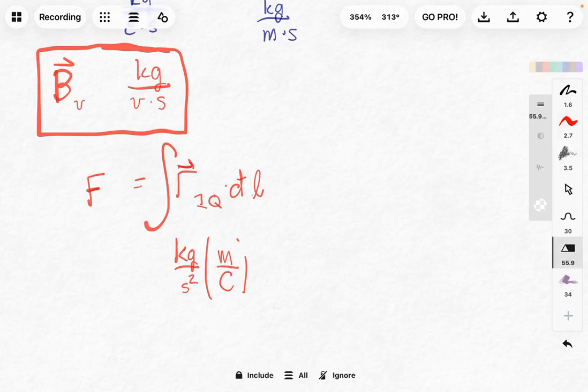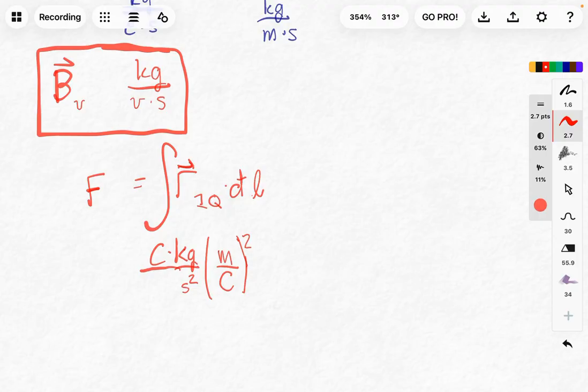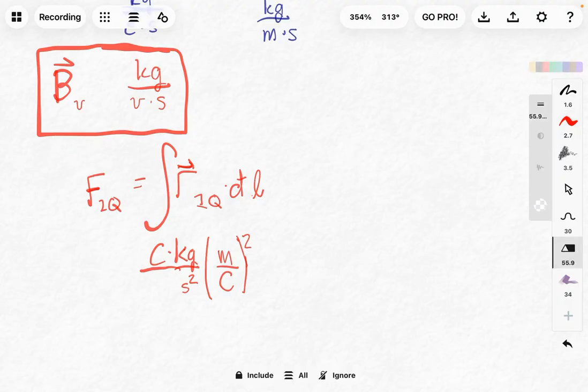So with that being said, we can go squared and then multiply by coulombs. This definition will end up giving us force of 2Q. Oh, well, it's integrated, so it doesn't need a vector mark. But this will end up giving us force of 2Q, and that is our voltage.